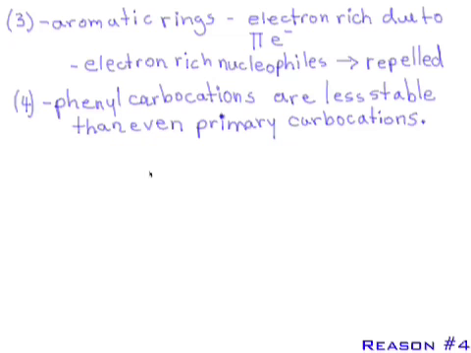I'll draw the two. In an electrophilic aromatic substitution, the ring was attacked by an electrophile, and you produced something like this. You had the H, your electrophile added by grabbing the electrons, and that put a plus here.